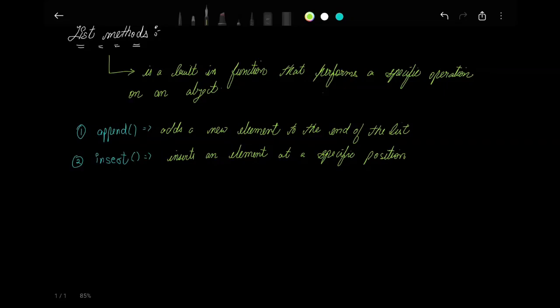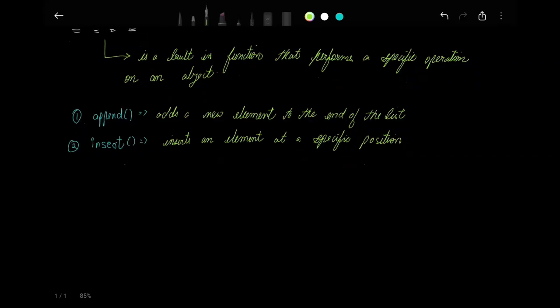Instead of adding at the end, we place the new element at a chosen position. The remaining elements shift one place to the right. Now, what is the difference between insert and append? The append adds at the end, while the insert adds element at a specific index.